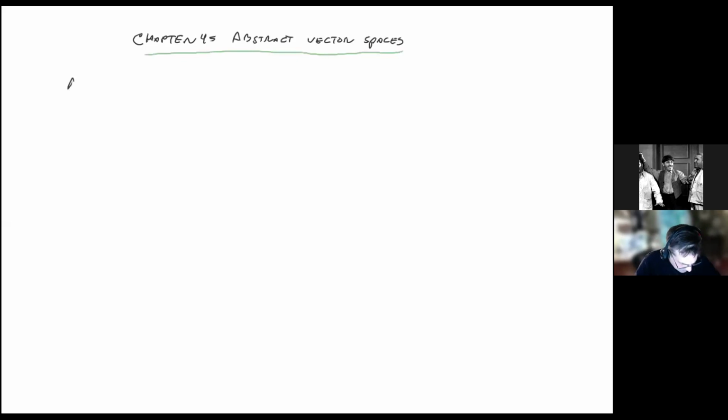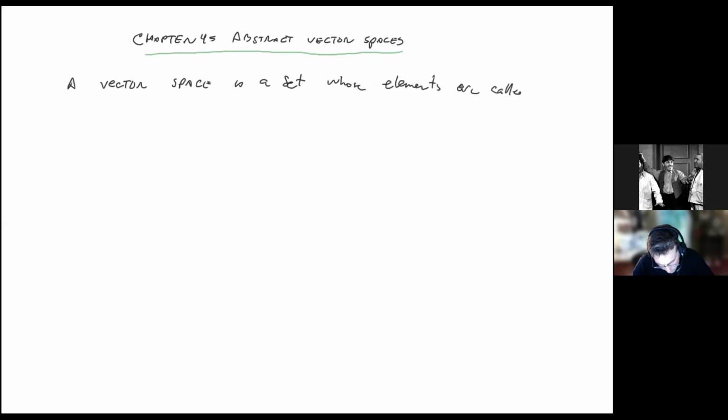So a vector space is a set whose elements are called vectors. So let me underline: a vector space is a set whose elements are called vectors.